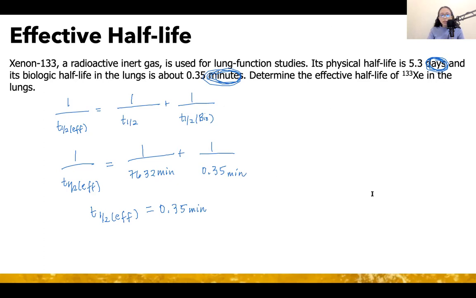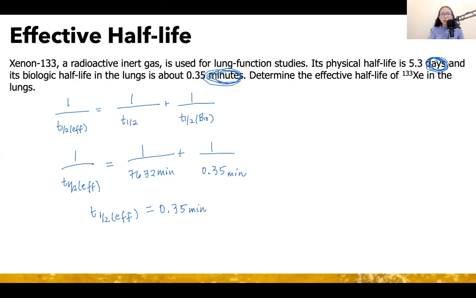One observation that can be made about your effective half-life, your physical half-life, and your biological half-life is that whenever one of the half-lives, either the physical or the biological, is very large in comparison with the other, 10 times or more, then your effective half-life would most likely be equal to the other half-life.